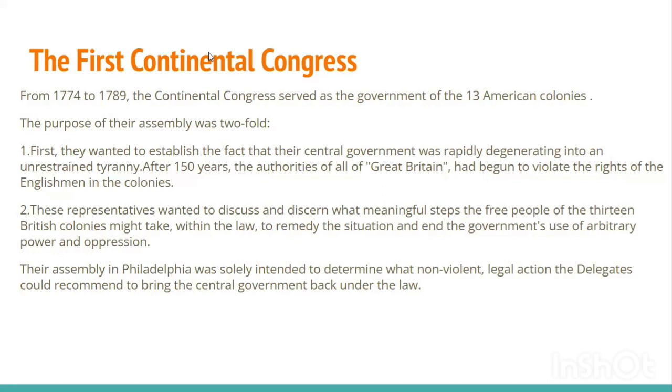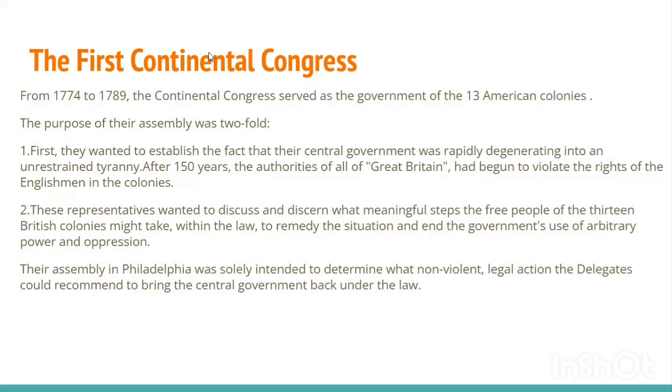First thing, they wanted to establish the fact that the central government, that is the British government, was degenerating into an unrestrained tyranny. That is, they wanted to prove that the British government is becoming day by day despotic and autocratic. The way they put it, after 150 years, the authorities of Great Britain had started to violate the rights of the Englishmen in the colony. They said that it has been 150 years since we settled here.